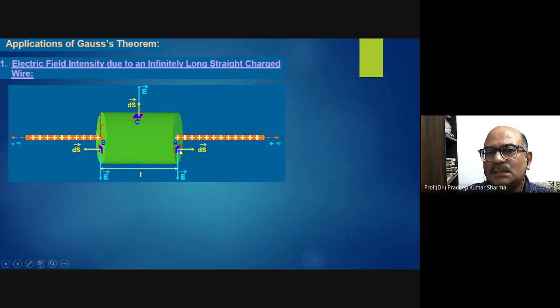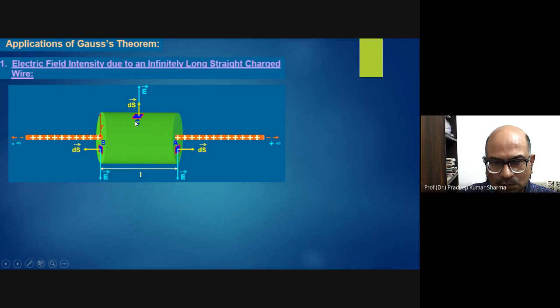I am taking this hypothetical surface as cylindrical because the wire shape is also cylindrical. So for a small region, a small cylinder is created. That small cylinder has a radius r, and there are three surfaces: the surface on the left hand side, the surface on the right hand side, and the curved surface, which is the outer structure of this cylinder.